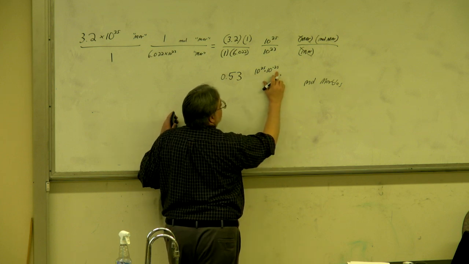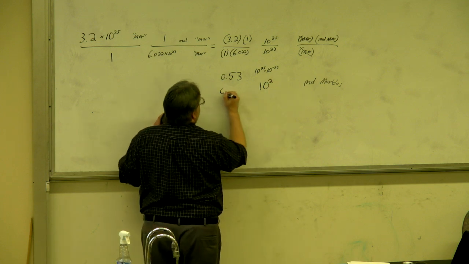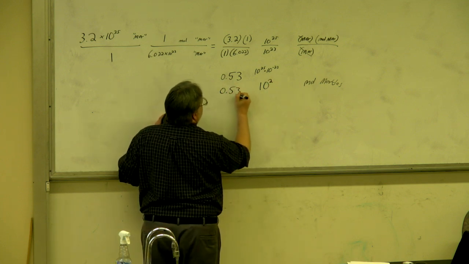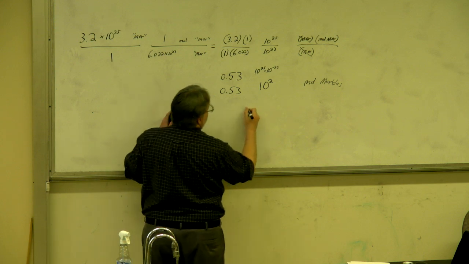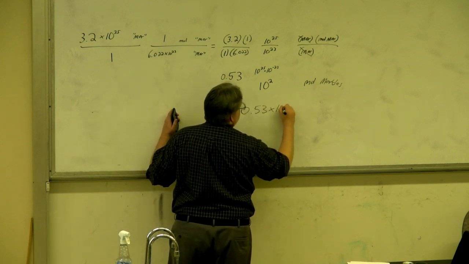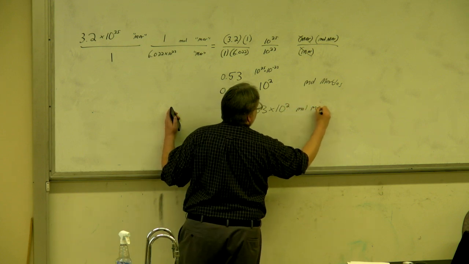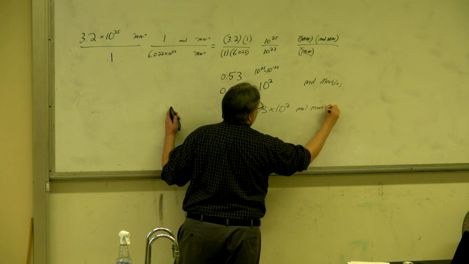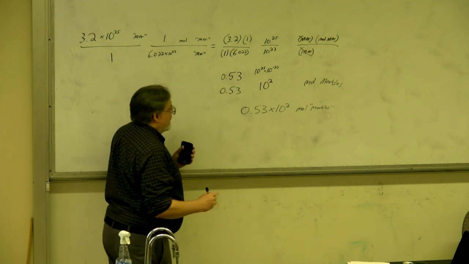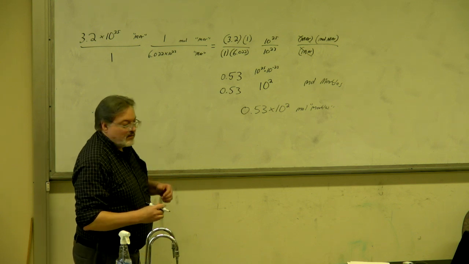And then, of course, it's just arithmetic from there. 25 minus 23, so I'm left with 10 to the 2. 0.53 times 10 to the 2. If you're not asked to put it in scientific notation, you can leave it like that.